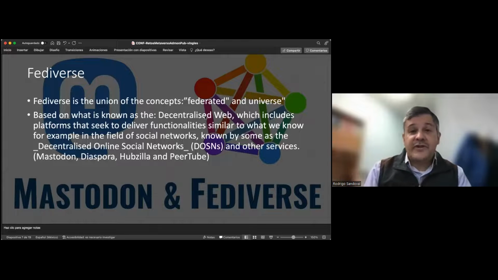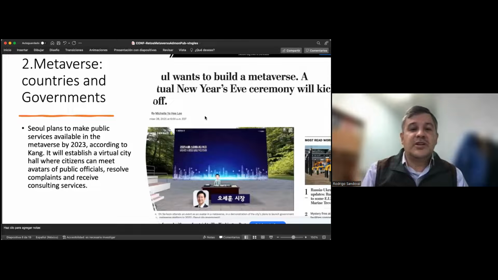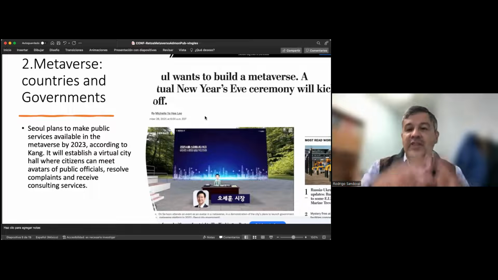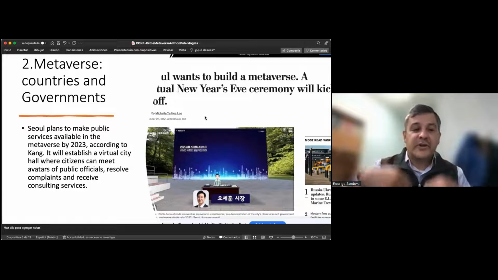Well, this is the first step. The second step is that the metaverse is conceived as a metaverse for countries or governments. The best example is Seoul in Korea. They plan for this government to have its own metaverse for next year.